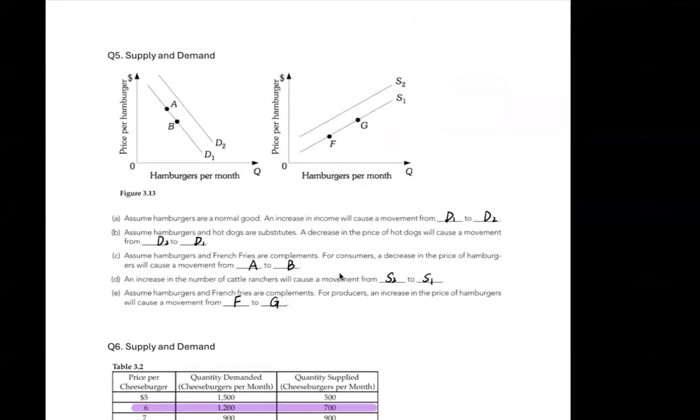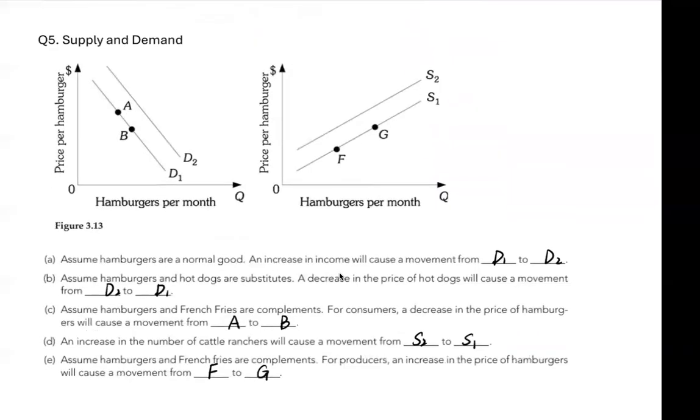And for question 5, I will leave it to you because question 5 is very similar to question 2 and 3. You need to follow these 2 steps: it's about the quantity demanded change, quantity supplied change, or the demand or supply change, then you will know the direction to find the correct answer.